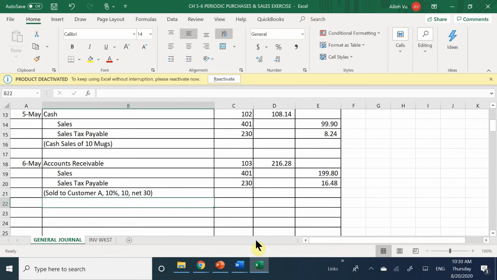When would this person be able to make the discount? 10 days. So what date? Would it be May 16th? It would be May 16. Correct. May 16, this person would make the discount period.